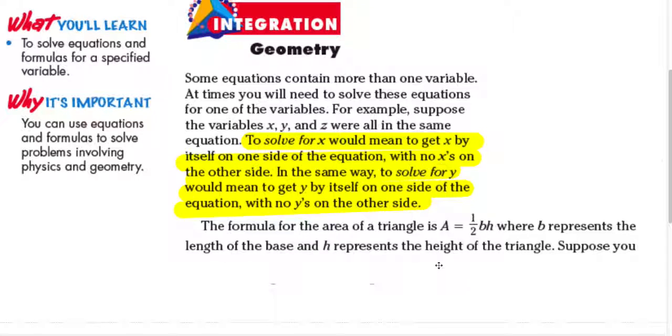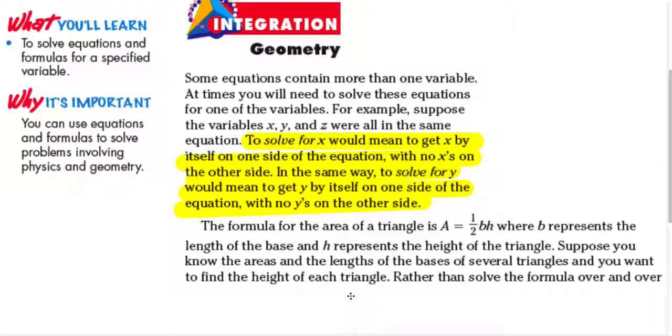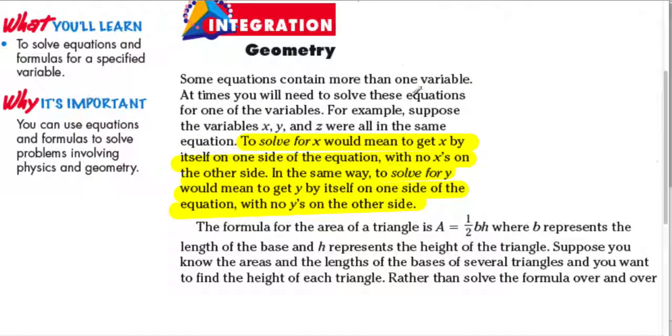Suppose you know the areas and the lengths of the bases of several triangles, and you want to find the height of each triangle. Basically, you already know the area and you're given the base. You want to find the height.